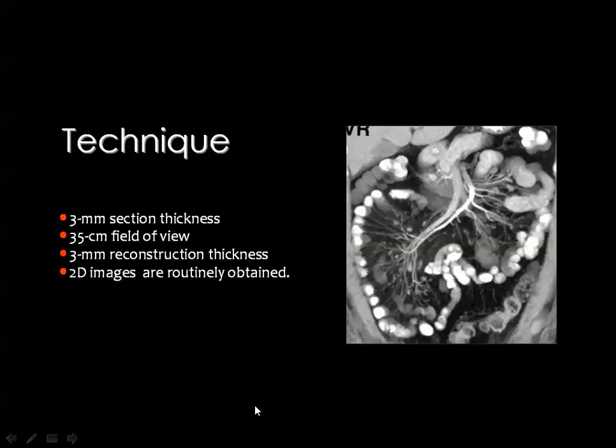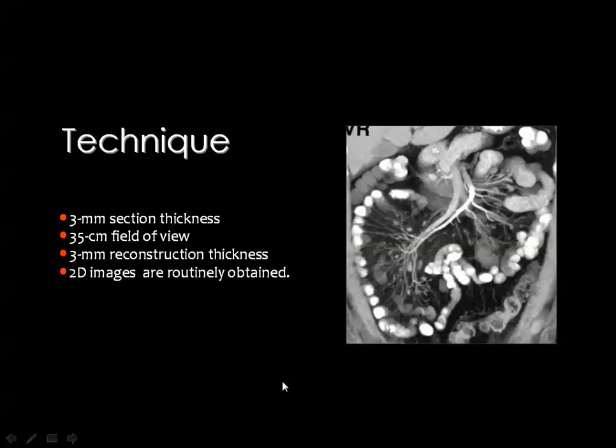It is recommended in the literature that the scan interval is about 3 millimeter section thickness, and you can use a field of view of 35 centimeter. It's very important to have 2D reconstructed images in the coronal planes in particular, and you may also use the sagittal orientation.